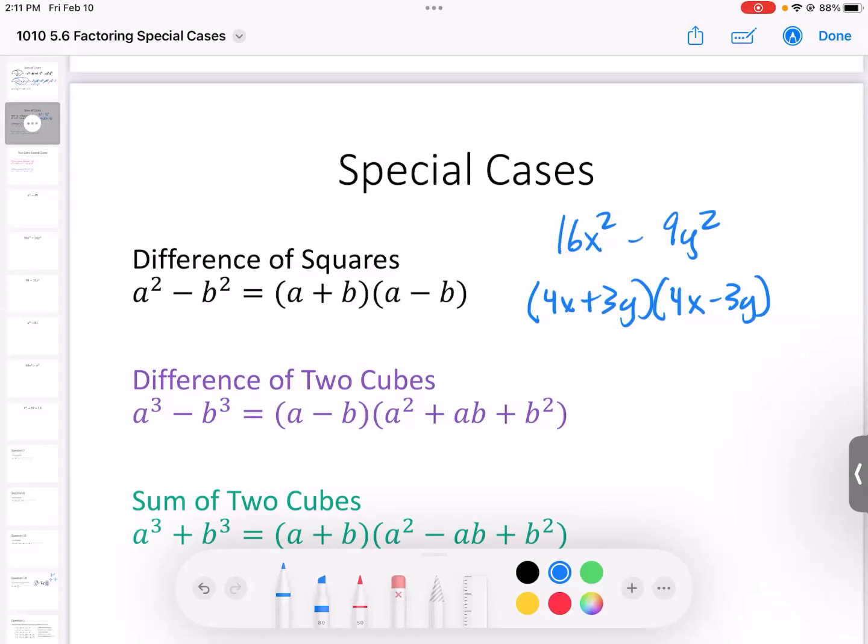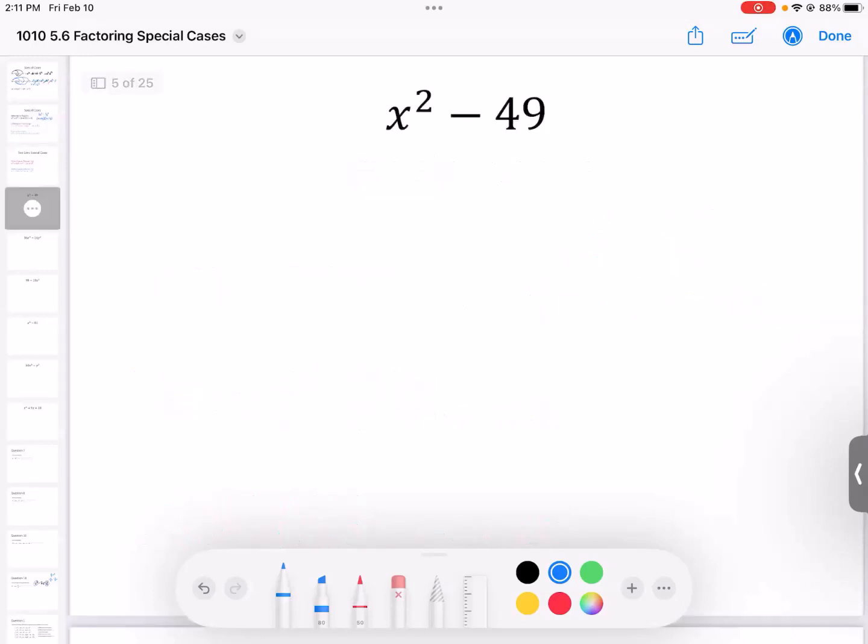So if you ever have something squared plus something squared, it's impossible to factor it further unless you use imaginary numbers. So coming back to this one, this is a difference of squares. And what is the first thing that's squared?